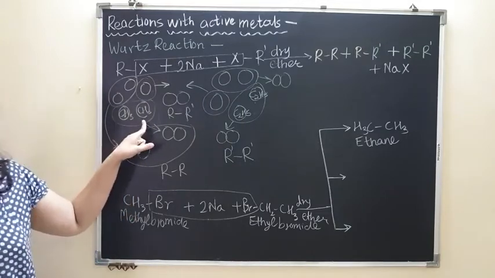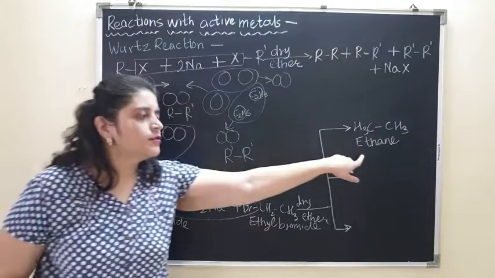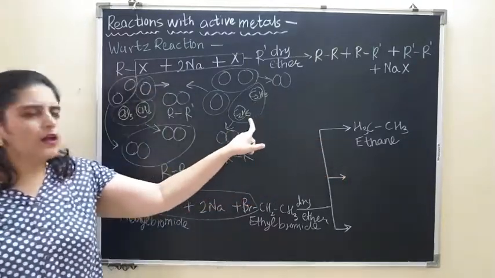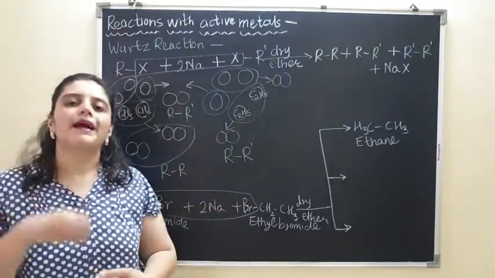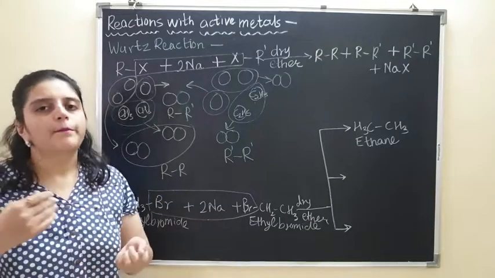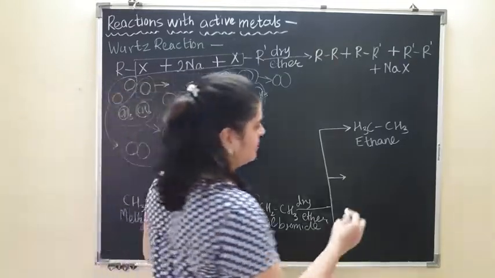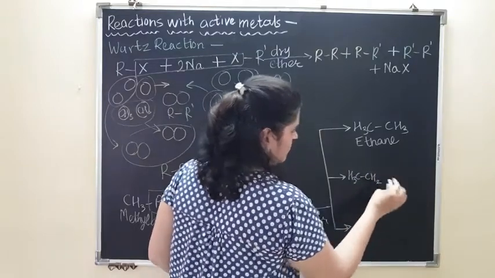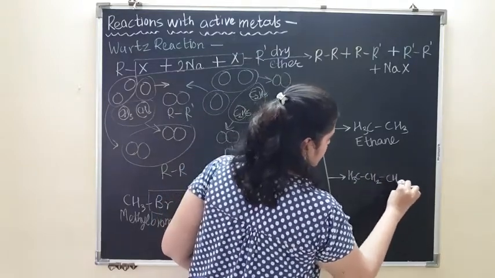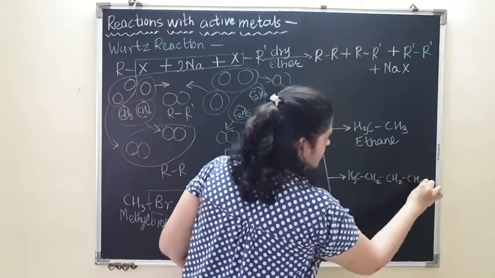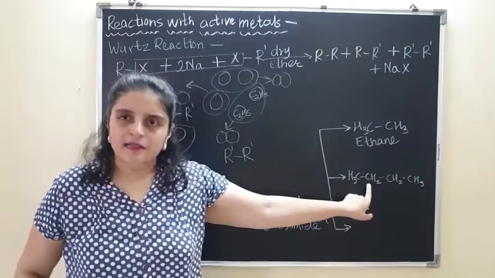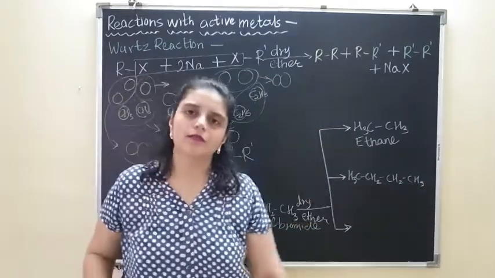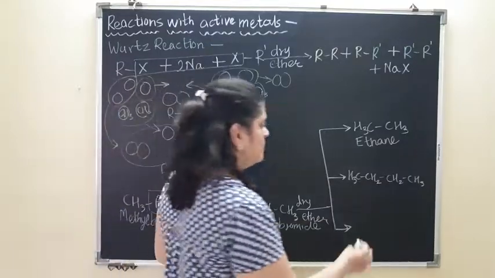So some molecules of CH3 combined with itself to form ethane. Some molecules of C2H5 will combine with itself to form butane, like this. CH3, CH2, CH2, CH3, which is butane.